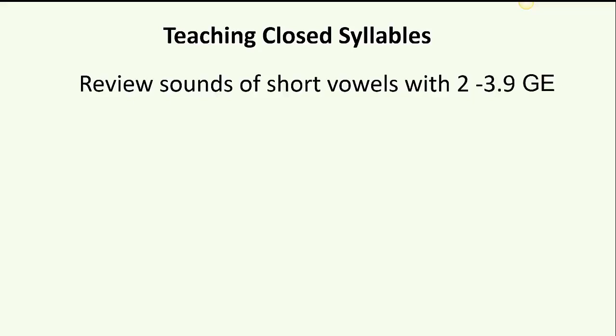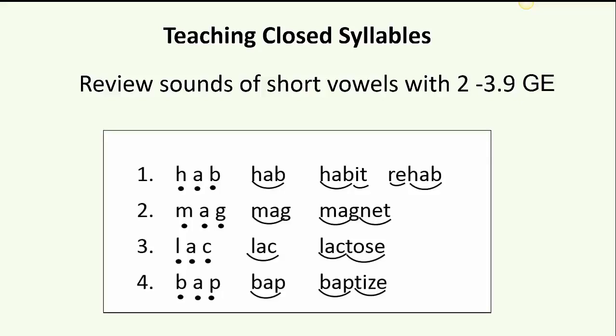Teaching closed syllables is a terrific way to review the sounds of the short vowels with 2 to 3.9 grade equivalent students. They should start with closed syllables with short A, with a dot under each sound, and blend the sounds using the eraser end of their pencils, just as the 0 to 1.9 students do when they are first learning to blend.